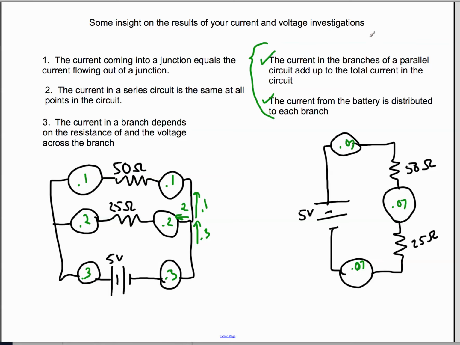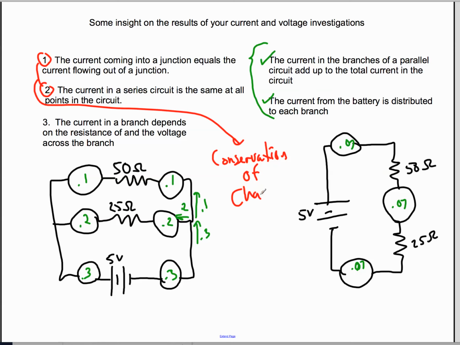Now, an interesting question could be asked: why is it like that? We can see that it's like that. We can have a rule, but why is it like that? It turns out that both of these rules are consequences of the conservation of charge.